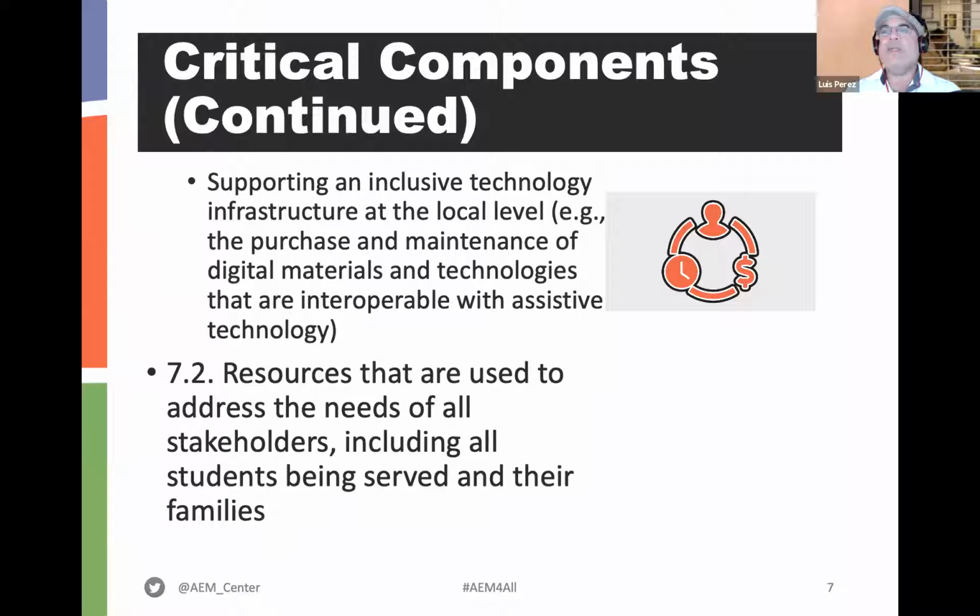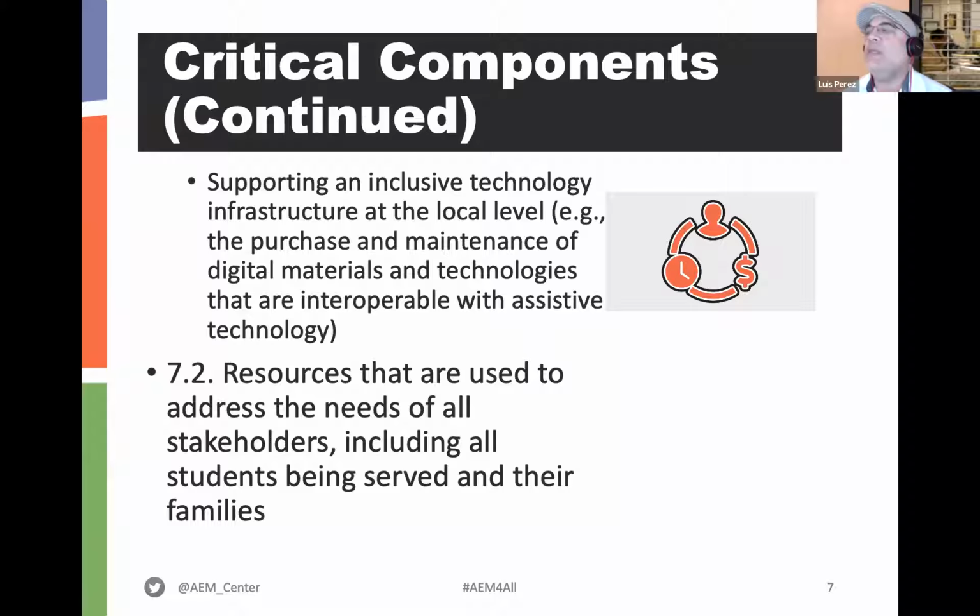And continuing with 7.1, we also want to address the infrastructure. So that means that we're acquiring technology that meets accessibility requirements, addressing accessibility through procurement, and making sure that the purchase and maintenance of digital materials and technologies are accessible and interoperable with the assistive technologies that are in use.